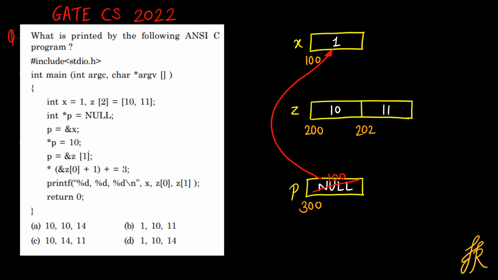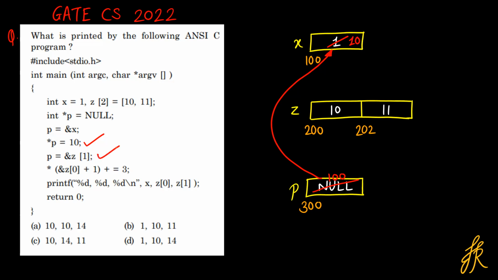Now let's deal with the next statement. *p = 10. We are trying to dereference this pointer p. So the content at location 100, the value of the location pointed to by the pointer p, is changed to 10. Simple.